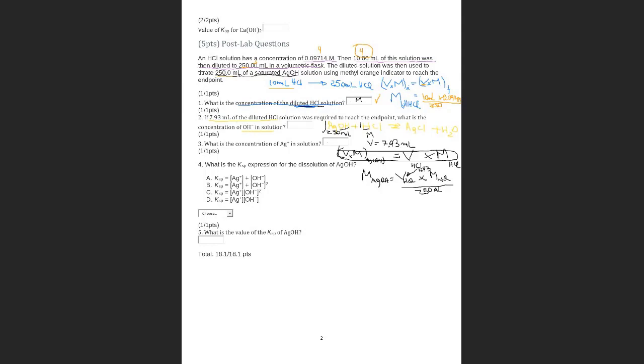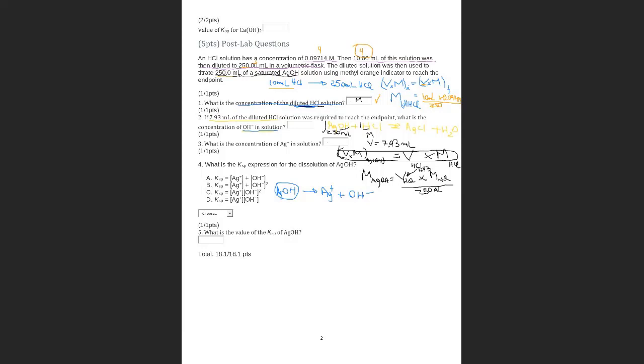So basically, because everything is 1-to-1, one silver and one hydroxide, here it says, what is the concentration of hydroxide ions? It's going to be the same as the concentration of silver hydroxide. Basically, it's saturated. Let's do it in a different way.